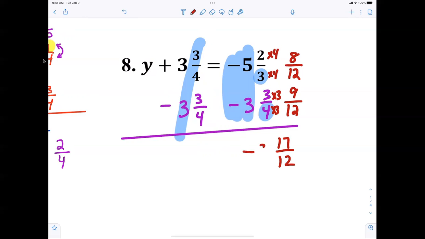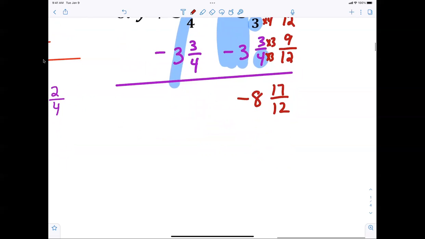Now everyone in here knows you can't leave a mixed number with an improper fraction. So everybody in here should be able to tell me this is negative what? Negative 7. Negative, so -9 and 5/12. The reason why it's not 7 is because this fraction right here, believe it or not, is also negative. You with me?